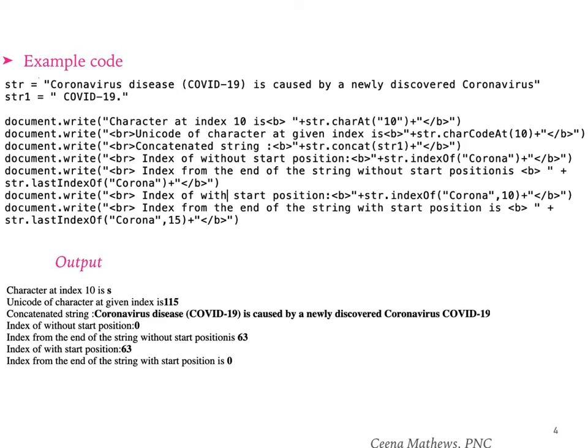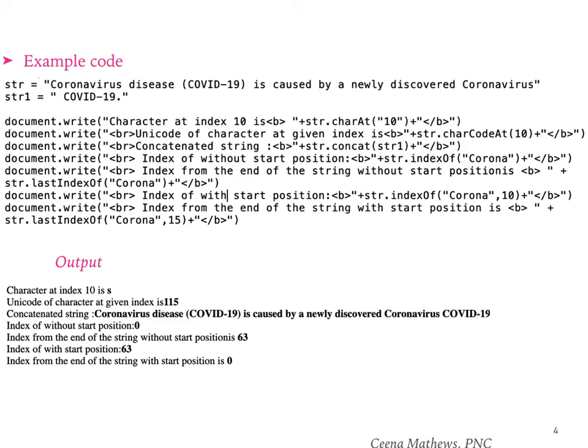The second example is using charCodeAt, again 10 is used here. So it will return the Unicode equivalent of the character, which is here 115. That is, the character is s and the Unicode equivalent of s is 115. And the third method that is used is concat.